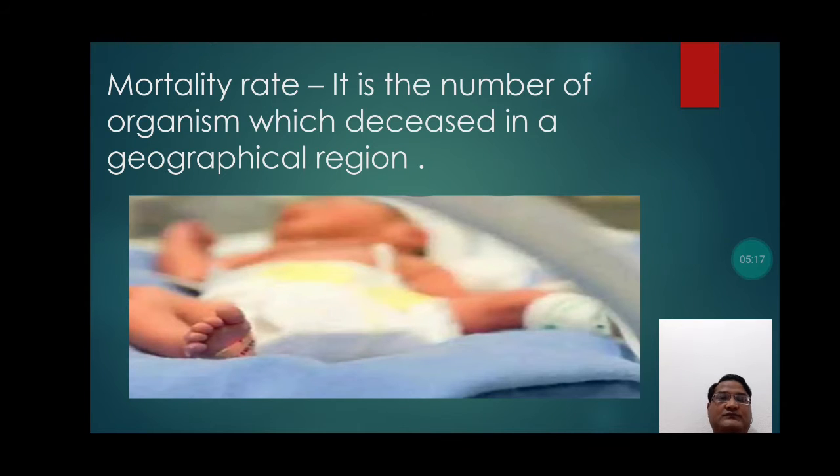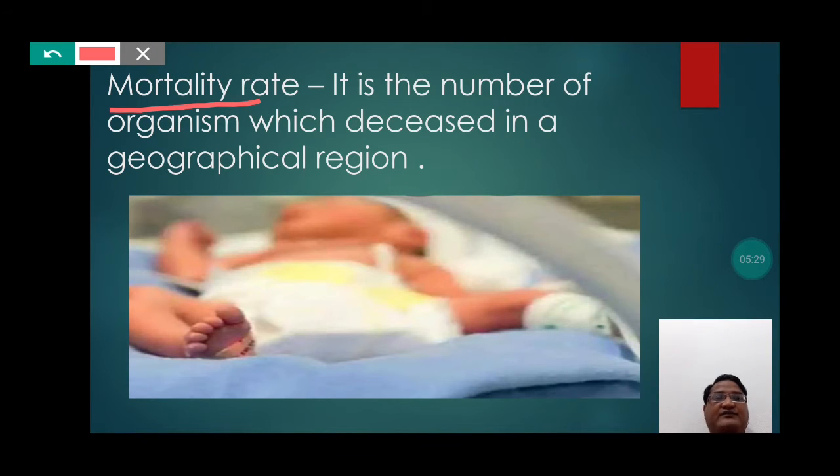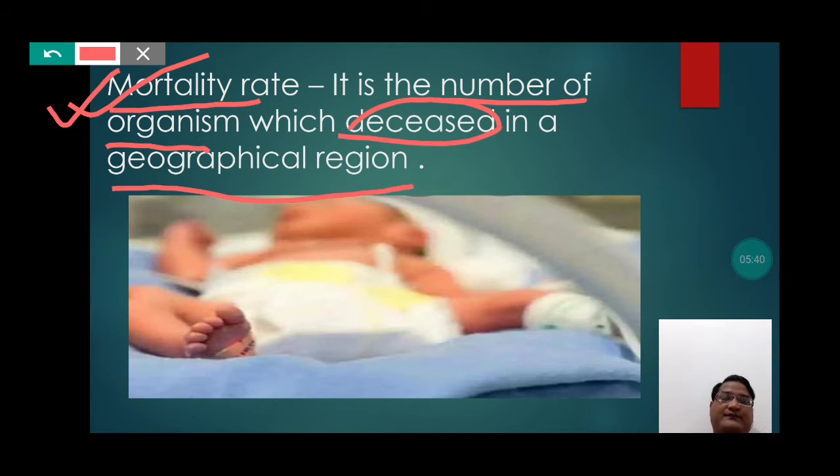Mortality rate. It is the number of organisms which deceased in a geographical area. So students, mortality rate is actually the number of organisms which expired in a particular area, and this is called the mortality rate.